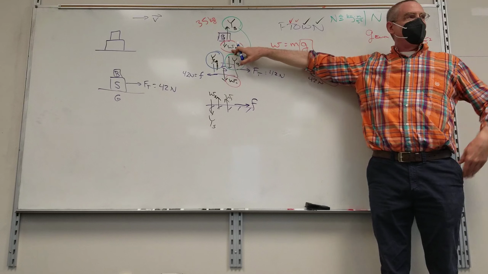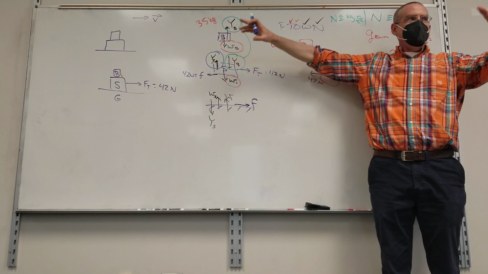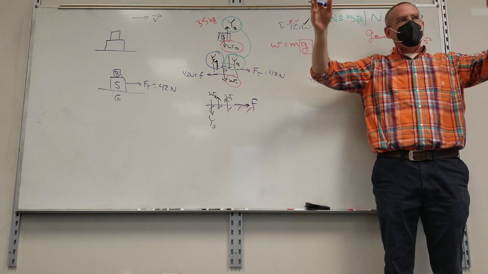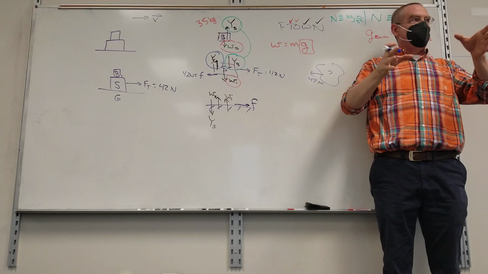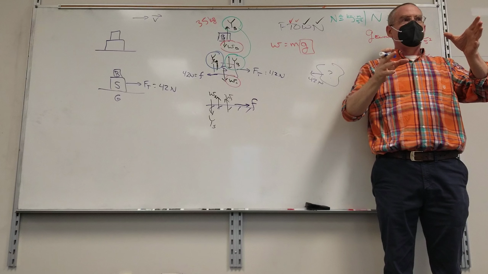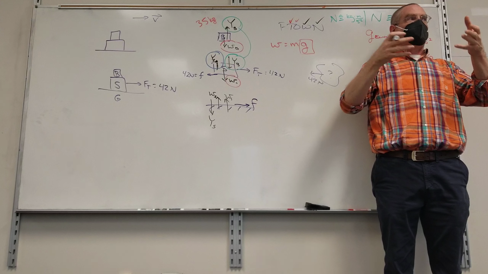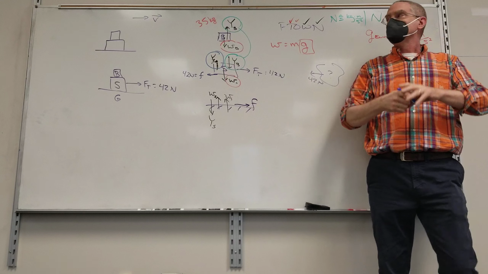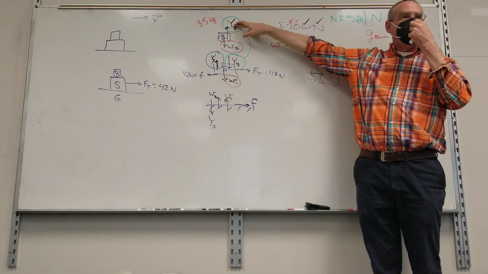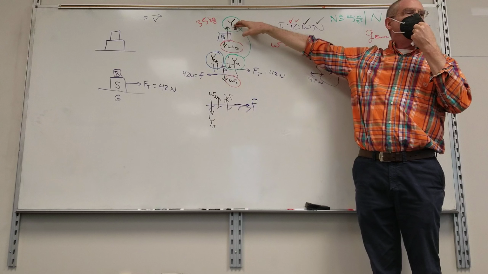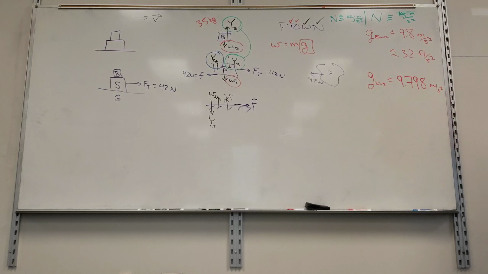The weight of the boy was around 350 newtons-ish. Any questions about where that comes from? Why was this equal to the same thing? Same magnitude? How do you know it's an equilibrium? All right, too many voices at once, sorry.